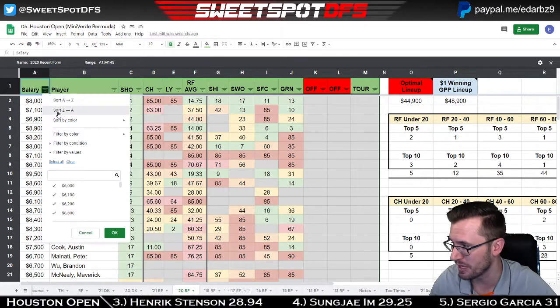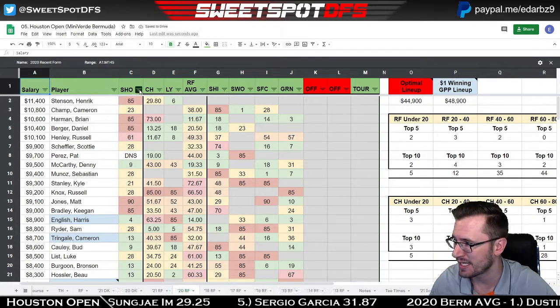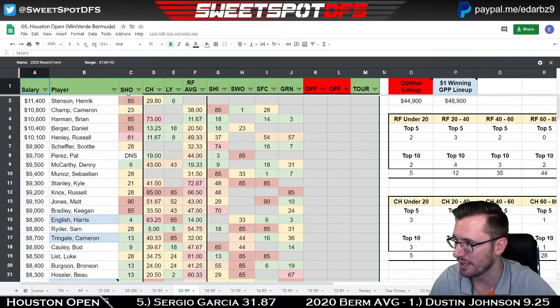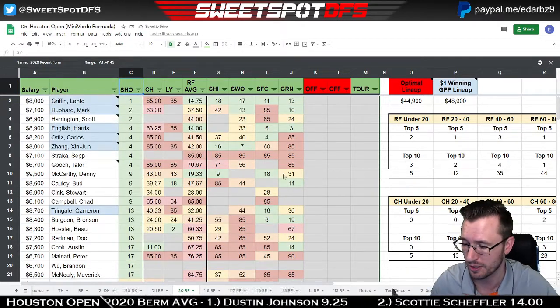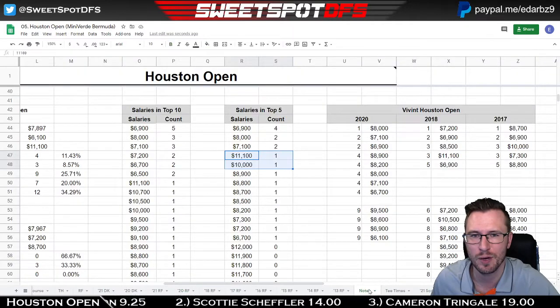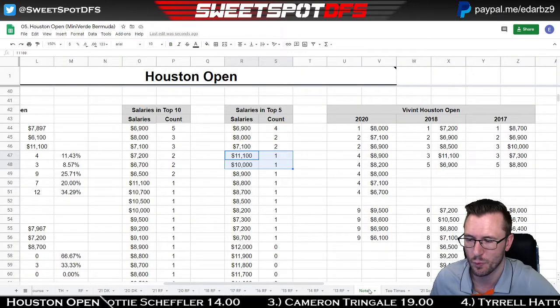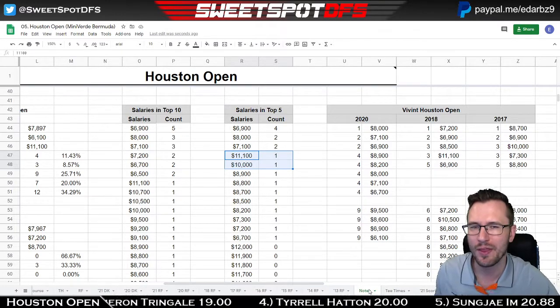Leaps and bounds better than this 10K and above range. So yeah, we didn't see a 10K golfer in 2020, but you could chalk that up to strength of field. Really, some of the 10K and above golfers were not even worthy of being in the 10K range, but obviously with Cameron Champ playing really well and the strength of field just being low, that's why you saw it.